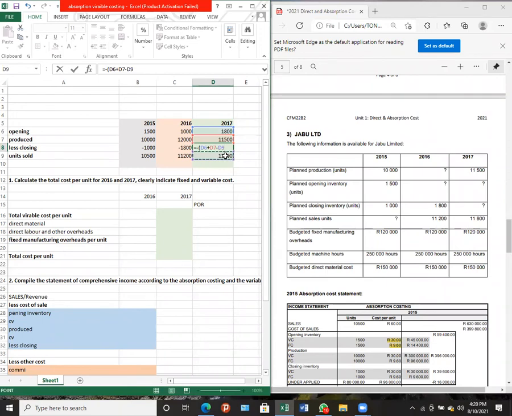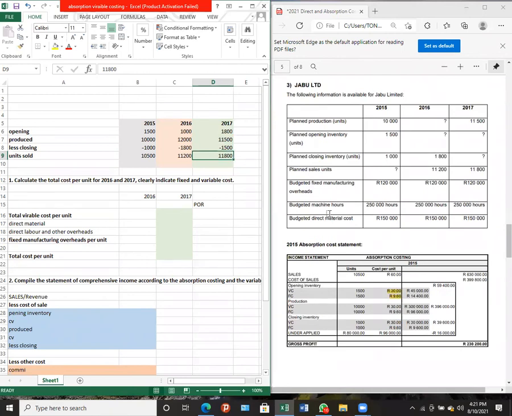It is equal to 1,500. Are we together? Now, guys, we're fine. We can continue. What is the purpose of calculating this? We calculate this because we are going to need these figures to complete the statement of comprehensive income.